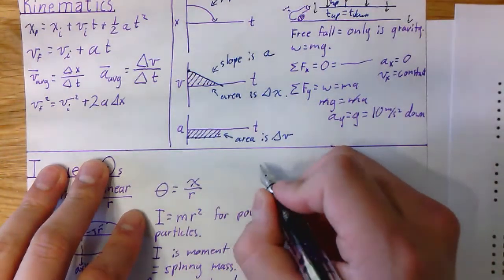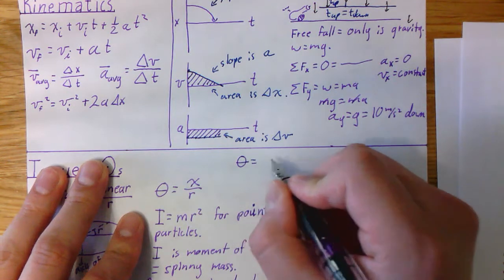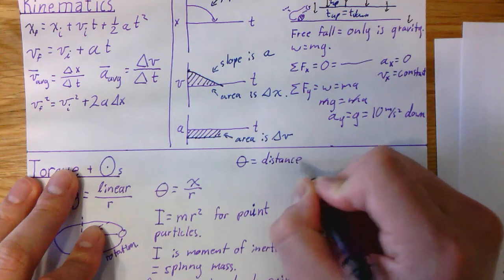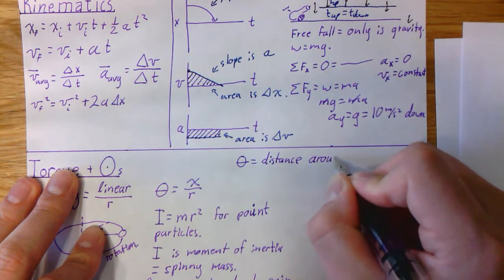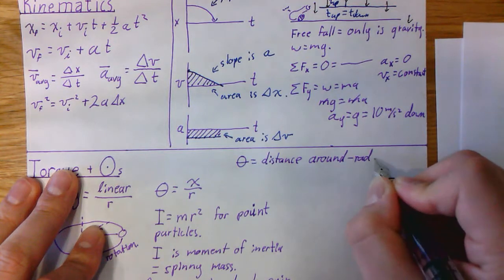Let's maybe write down our variables. So we have theta is distance around, and it's in radians.